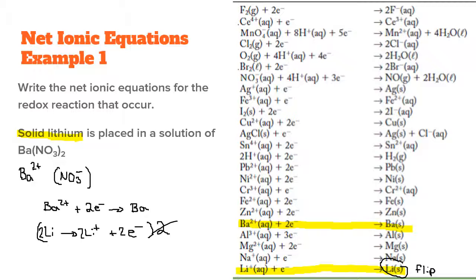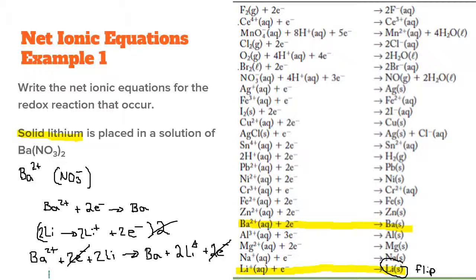Now we can add these two reactions together and we'll see barium 2+ plus 2 electrons plus 2 lithium metal atoms yields 1 neutral barium atom plus 2 lithium positive ions and 2 electrons. And this is a little bit like canceling the spectator ions. We have electrons on both sides of the reaction, so we can cancel those out.